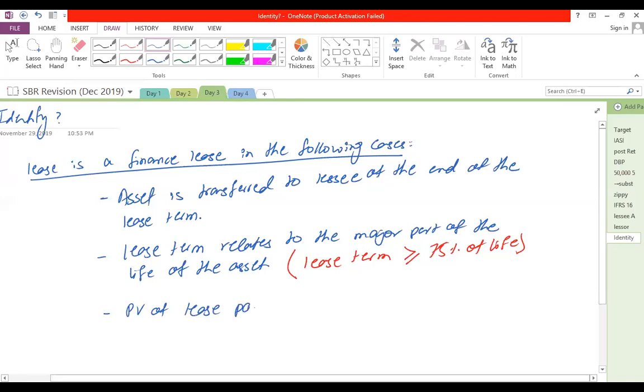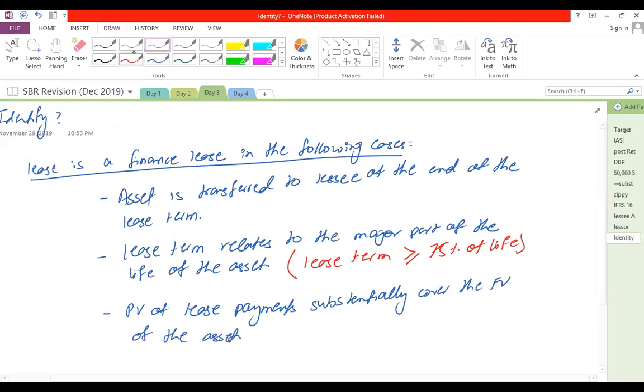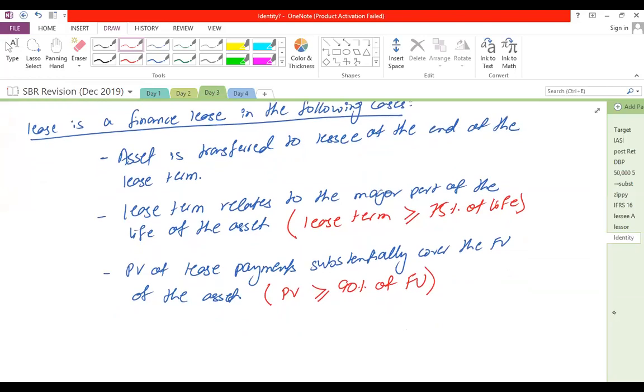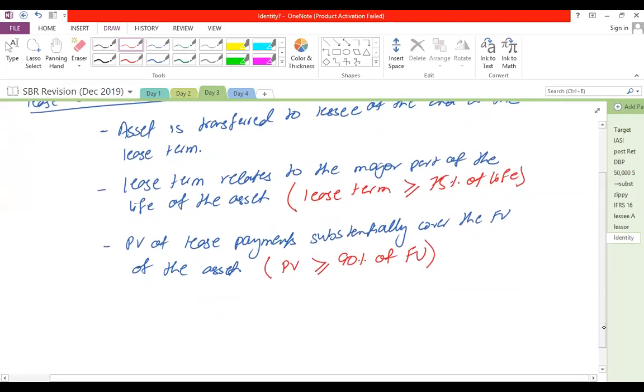Third is that the present value of the lease payments substantially covers the fair value of the asset, which means the present value is more than or equal to 90% of the fair value. So if the lessee is paying approximately 90% of the value, then the asset mainly belongs to the lessee as well.